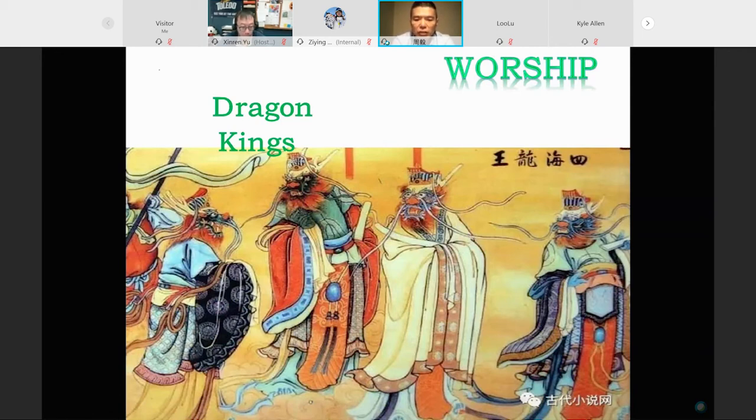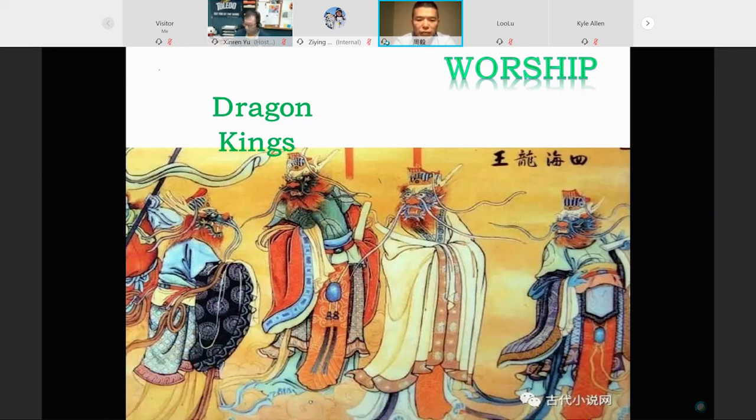In Taoism, there are four Dragon Kings, having respective jurisdiction over the East Sea, because we always say there are four seas around China: the East Sea, the South Sea, the West Sea, and the North Sea. The white dragon named Aorun is the ruler of the West Sea.